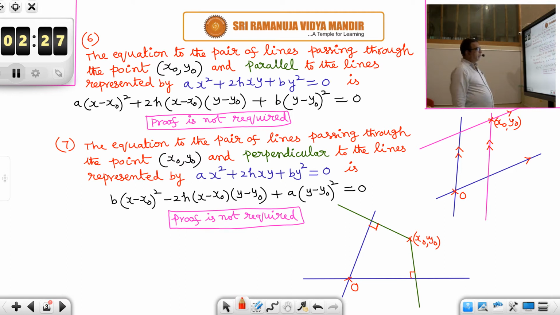Here there are two formulae, the sixth one and also the seventh one.